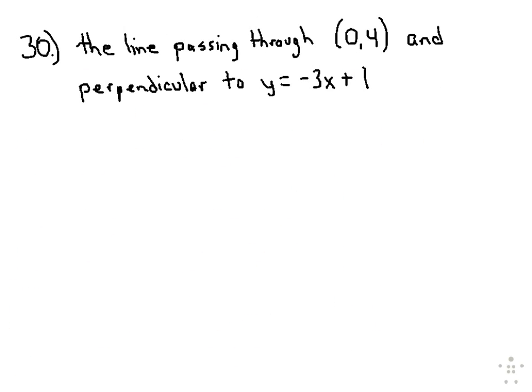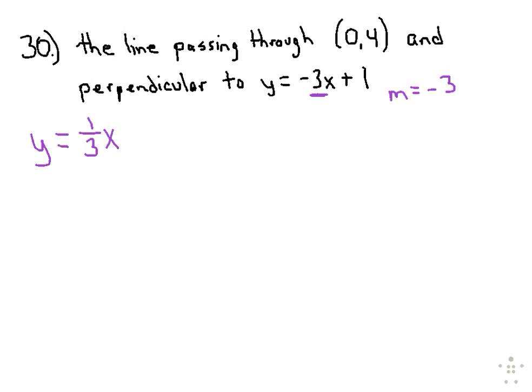Number 30 says the line passing through (0, 4) and perpendicular. Now perpendicular has negative reciprocal slopes. So the slope of this one is negative 3. So then perpendicular means the negative reciprocal. So the opposite of that, so ours is going to be positive, and then the reciprocal of 3 is 1/3. So we know our slope is going to be 1/3 x.